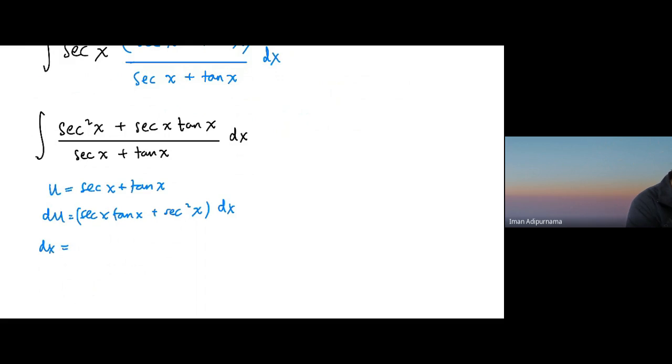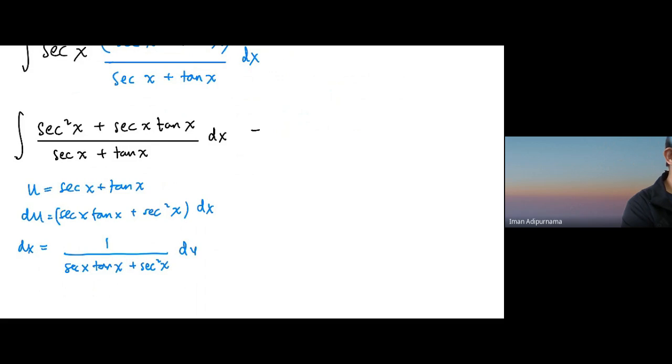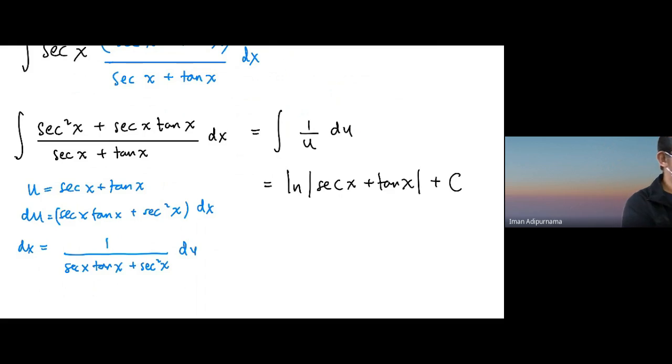So dx is du over secant x tangent x plus secant squared x. The whole thing becomes the integral of 1 over u du. So this will be ln of u, where u is secant x plus tangent x, plus c. So this is the result.